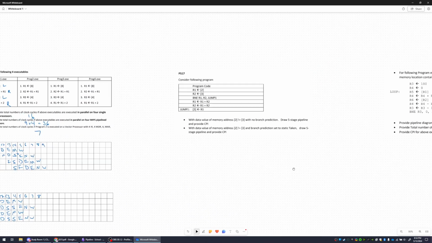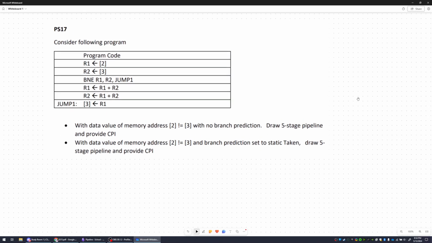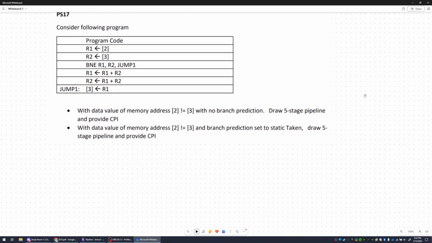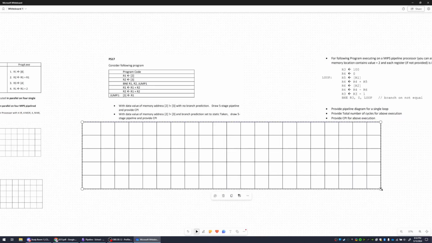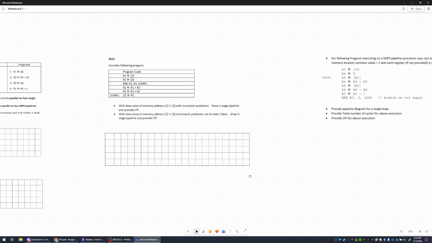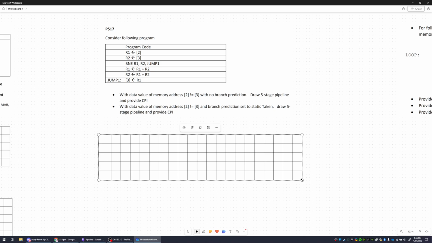Okay. So problem set 17. Okay, consider the following program. Another pipeline question. Damn, there's a lot of pipeline practice. I guess there's not that much to test on besides pipeline and branch prediction. Isn't the exam all pipeline? Is there even any other topic? It's just all related to pipeline, right?